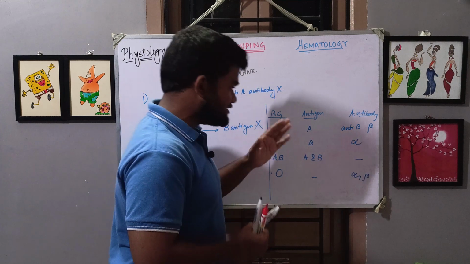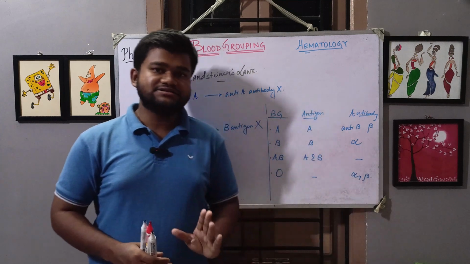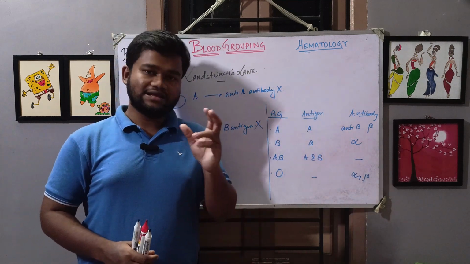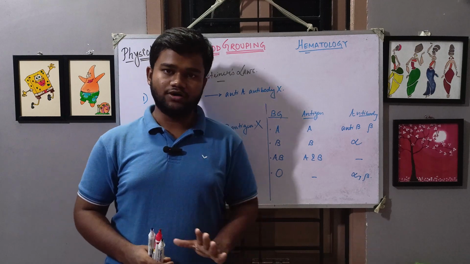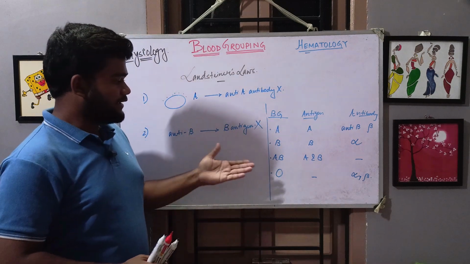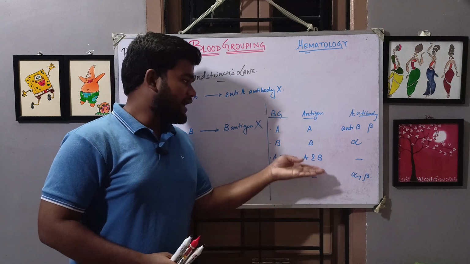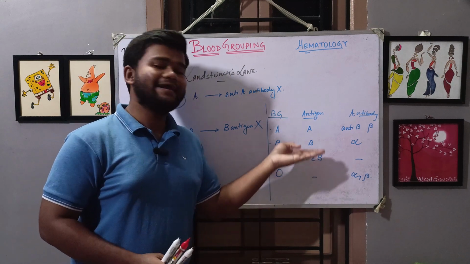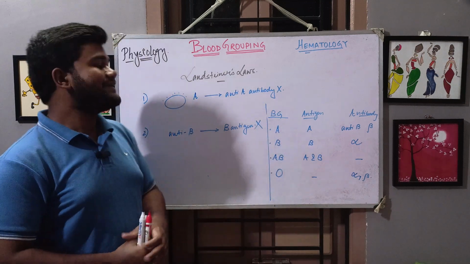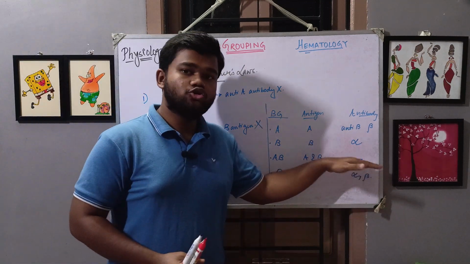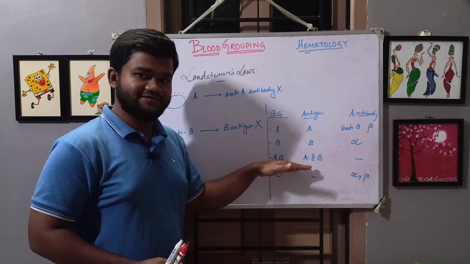Now, based on these, we can summarize the concept of universal acceptor and universal donor. If we look carefully into the person having blood group AB, he or she has got the antigen A as well as B, but doesn't have any antibody to restrict these antigens.